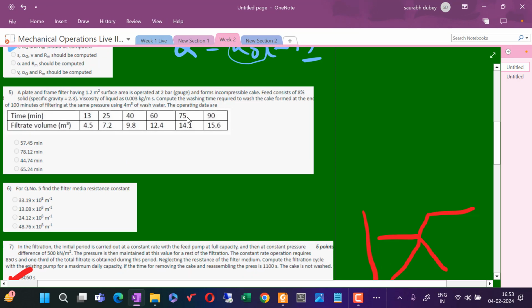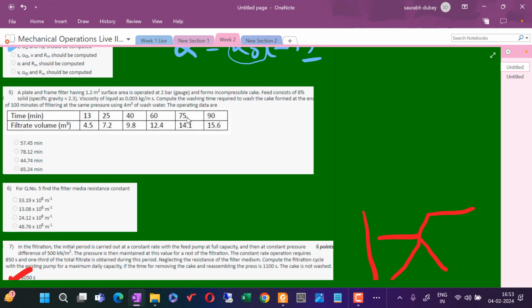A plate and frame filter having 1.2 meter square surface area is operated at 2 bar gauge pressure and forms incompressible cake. So cake is incompressible, so there is no pressure dependence of the compressibility. Feed consists of 8% of solid whose specific gravity is 2.3, means 2300 is the density.